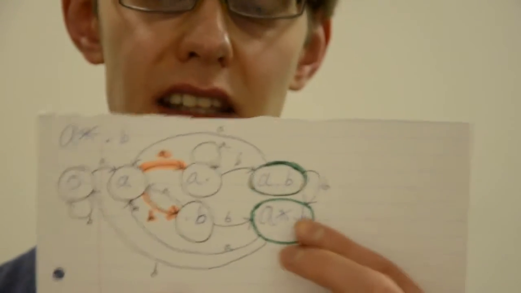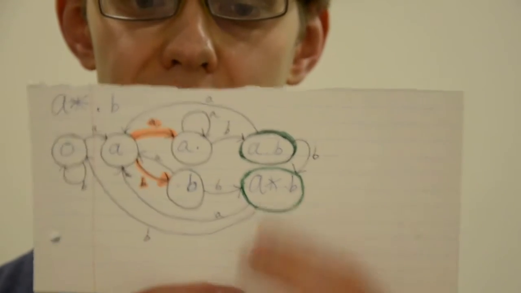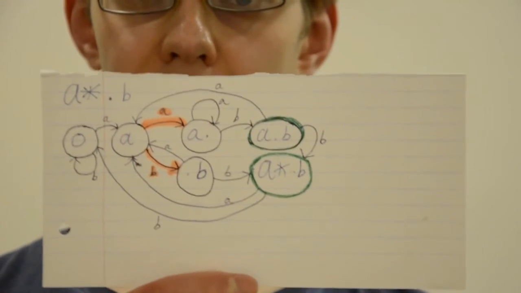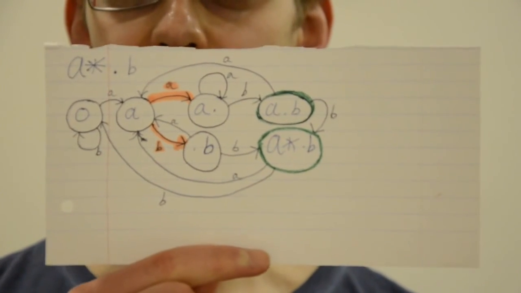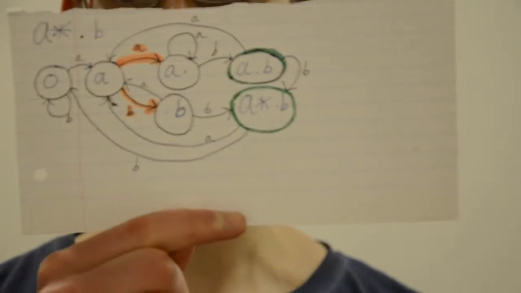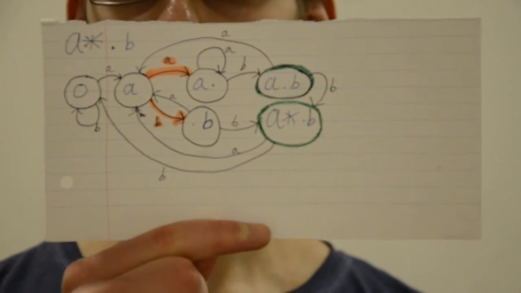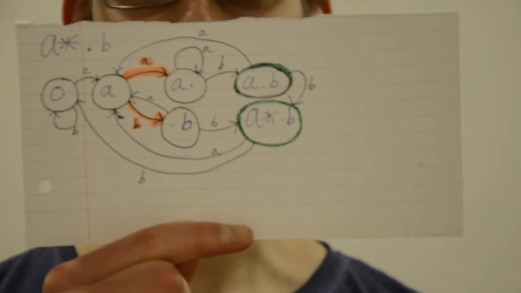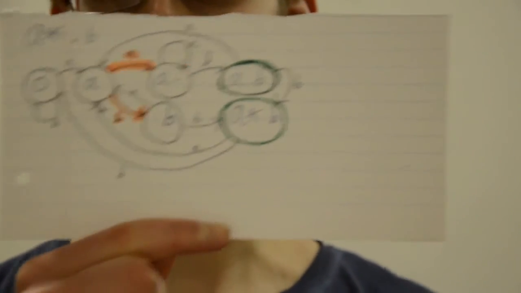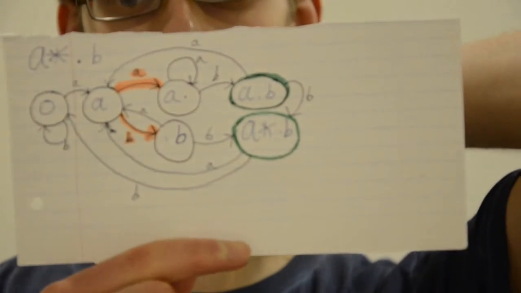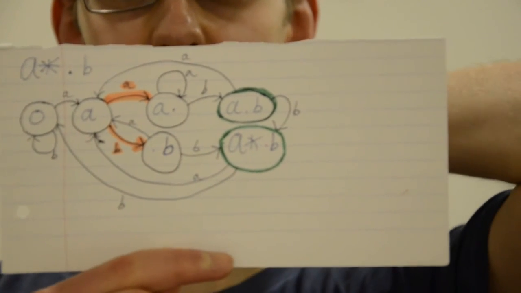And interestingly, you can see there are 2 accept states here, because it has to accept the pattern A, any number of A's, B, or A, any number of B's, B, or A, B, B, because of the ambiguity introduced by the dot character.